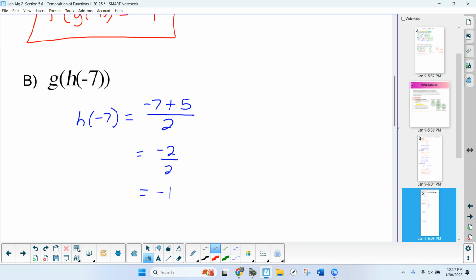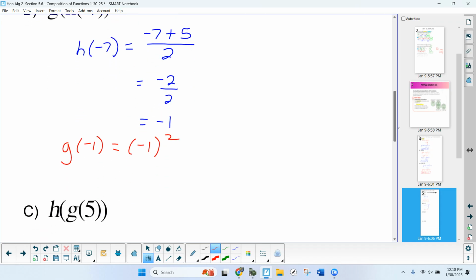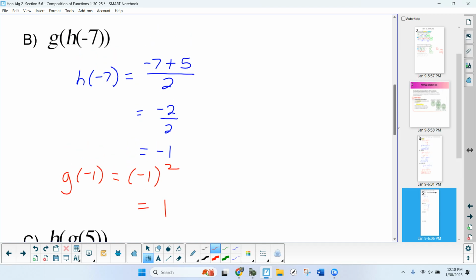Now we plug negative 1 back into which function? G. So we do g of negative 1, and g was just x squared. So it's just negative 1 squared. And what's negative 1 squared? 1. So g of h of negative 7 is 1. Questions? All right, we are not doing C and D on this one.